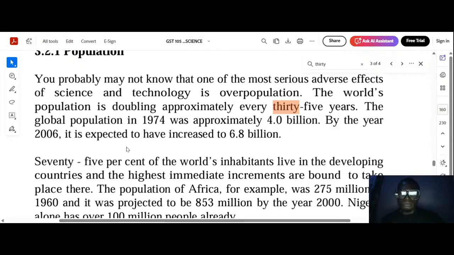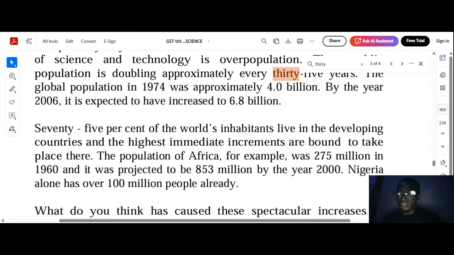This is another thing we should read because there is a question on this paragraph too. 75% of the world's inhabitants live in the developing countries, and the highest immediate increments are bound to take place there.